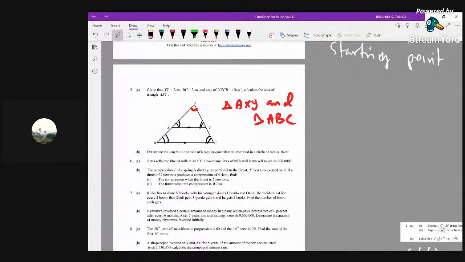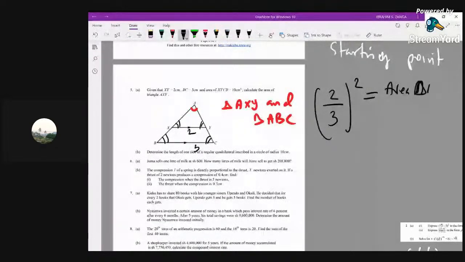So we were given XY already, which is 2, and we are given BC 3. So I'm going to say that taking 2 over 3 squared will be equal to the area of triangle AXY divided by the area of triangle ABC.